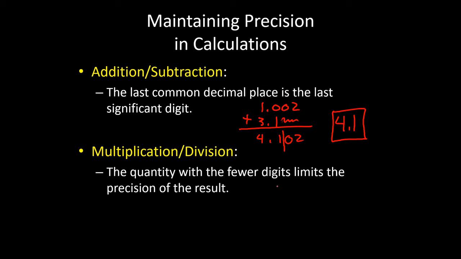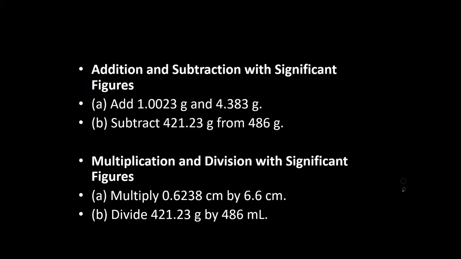So if we were multiplying, let's say for example, 2.812 times 6.0, just to give a random example, and I'm actually going to have to calculate that on my calculator because I don't know what that would be off the top of my head. According to the calculator, that would be 16.87, oops, ran out of space there.